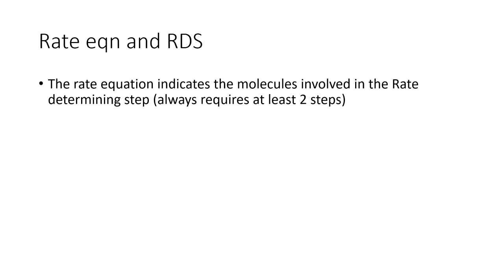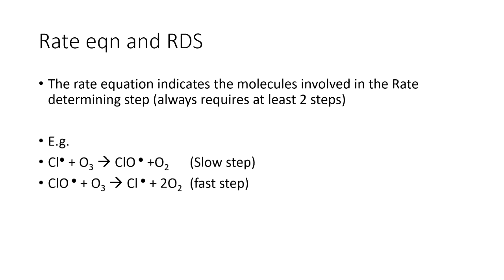So to look at an example, we have chlorine radicals depleting ozone. Remember, this was our propagation steps. It turns out that the chlorine radical reacting with ozone, in the first step, is the slow step. That makes that step the rate determining step.